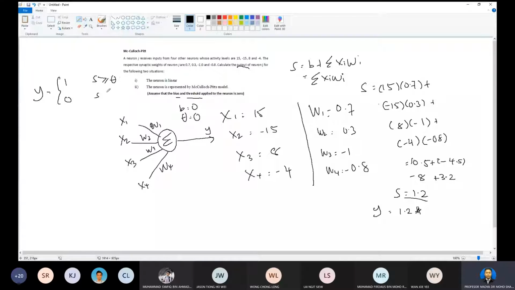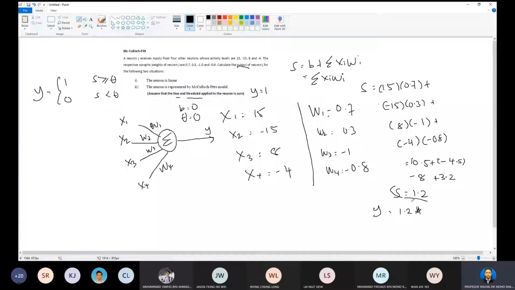If S is less than the threshold, y equals 0. Here we get S as 1.2, so automatically y equals 1. The calculation of S will be the same, so S equals 1.2.